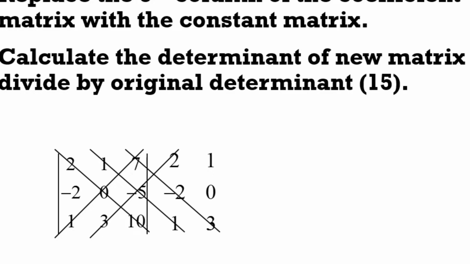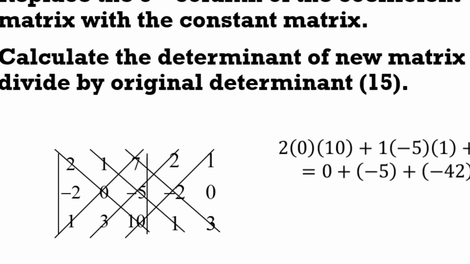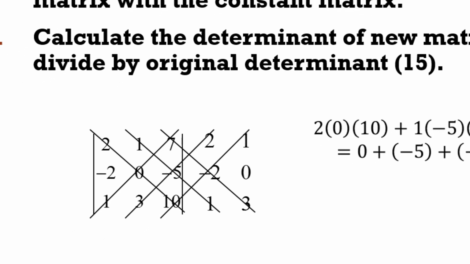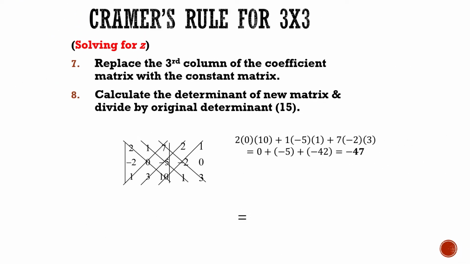So when we multiply and add our results, we get negative 47. Now the other diagonals give us 0 plus negative 30 plus negative 20, also giving us negative 50.